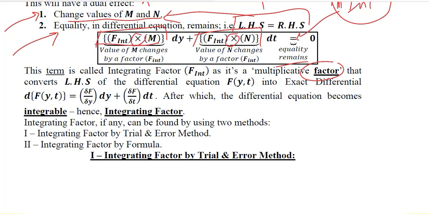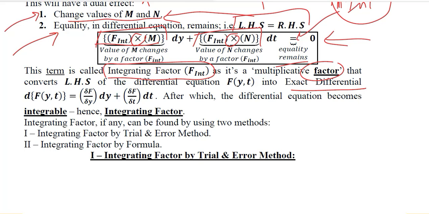Secondly, it is an integrating factor because in the background of this exact differential equation, we know that there is a total differential, and that total differential would be exactly equal to 0, as we have seen before. So when we have an inexact differential equation, it will not be equal to 0. But if we introduce this integrating factor, the total differential will become equal to 0.